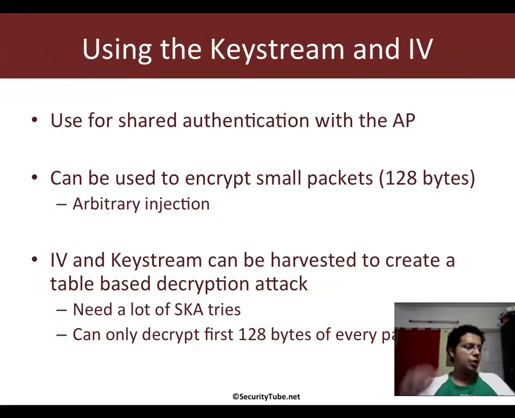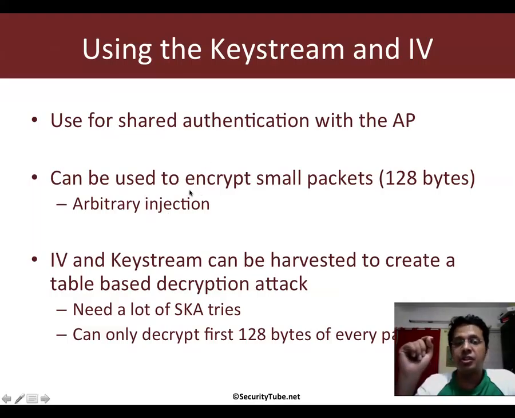Right? So now here comes the question: how else can we use the key stream and the initialization vector we just derived? The first use, as you have already seen, is to break shared key authentication. There are other uses also which you may not find well documented or well used on most sites and forums on wireless. The next one, which is very interesting, is that we can encrypt small packets. Why?